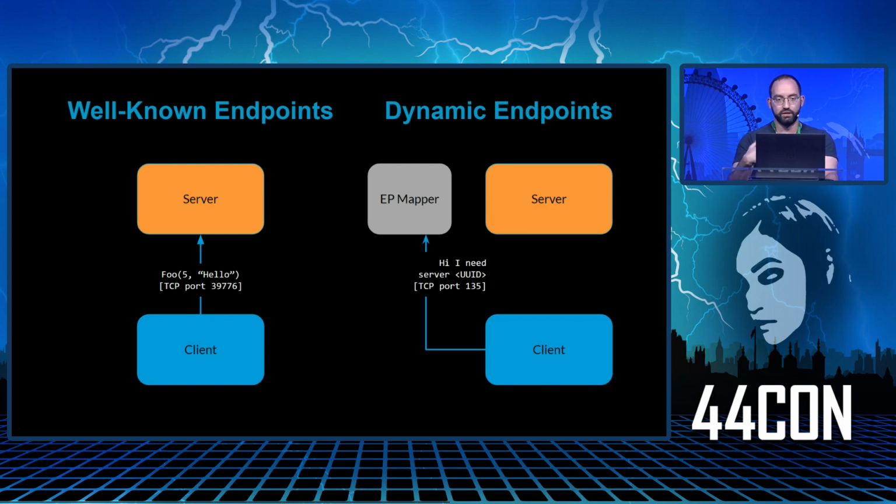The server, when it starts, registers with the endpoint mapper and receives an endpoint. And the client, to know the endpoint, communicates with the endpoint mapper using the well-known endpoint, TCP port 135, and it then gets the endpoint of the server, and then they can just communicate normally.